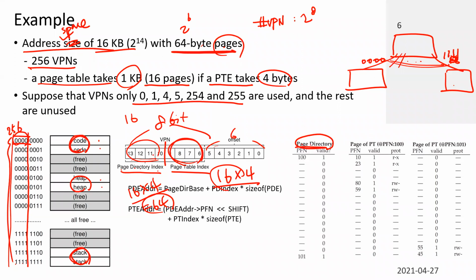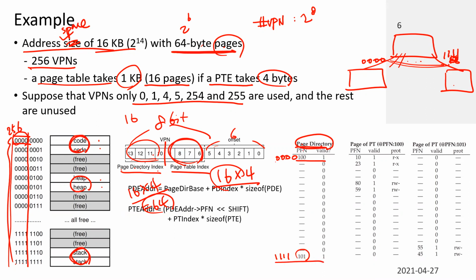Okay, so this is what the page directory shows. The first entry represents the case for 0000. For this case, what you need to refer to is frame number 100. Make sense? And for the last one, the 1111 case, what you need to refer to is frame number 101.